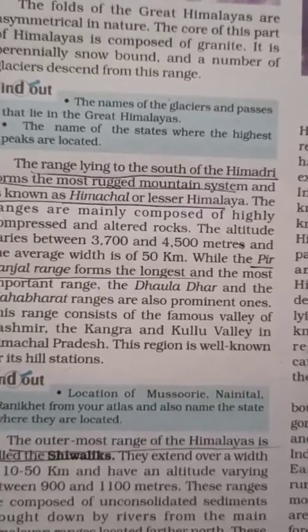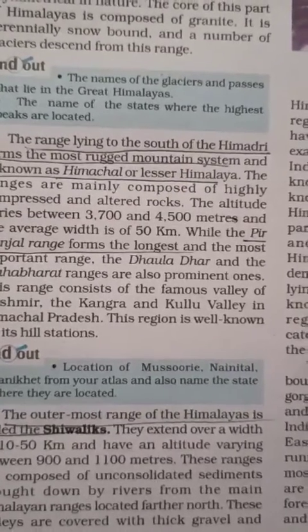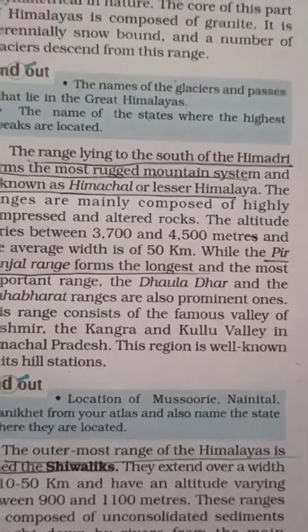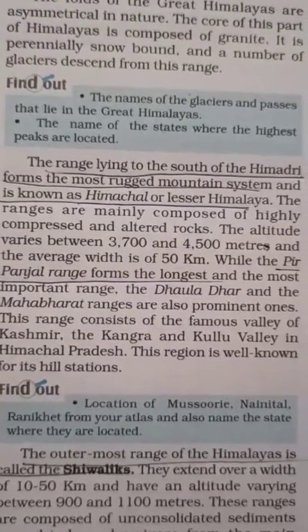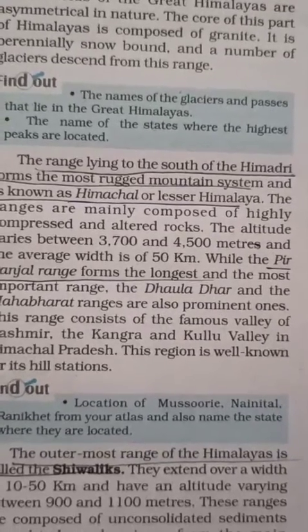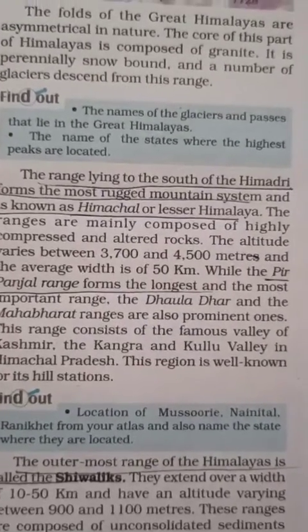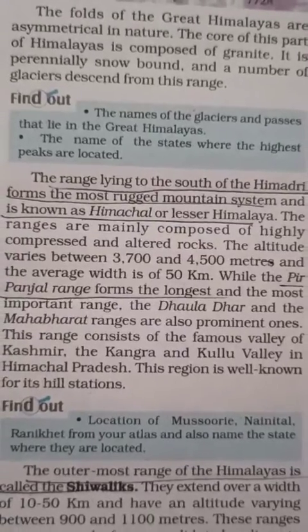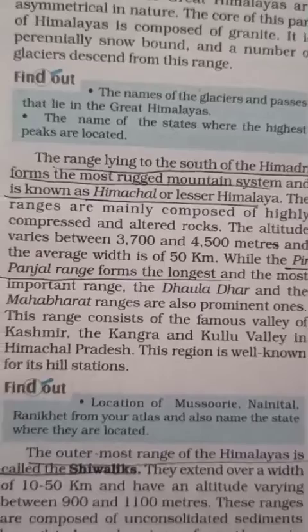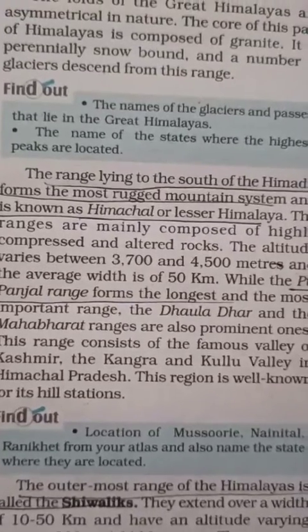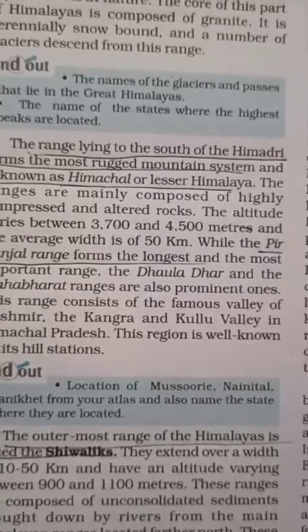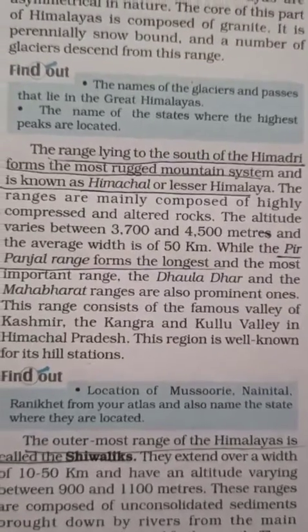The range lying in the south of Himadri forms the most rugged mountain system and is known as Himachal and Lesser Himalaya. The altitude varies between 3,700 and 4,500 meters and the average width is 50 kilometers, while the Pir Panjal range forms the longest and the most important range.